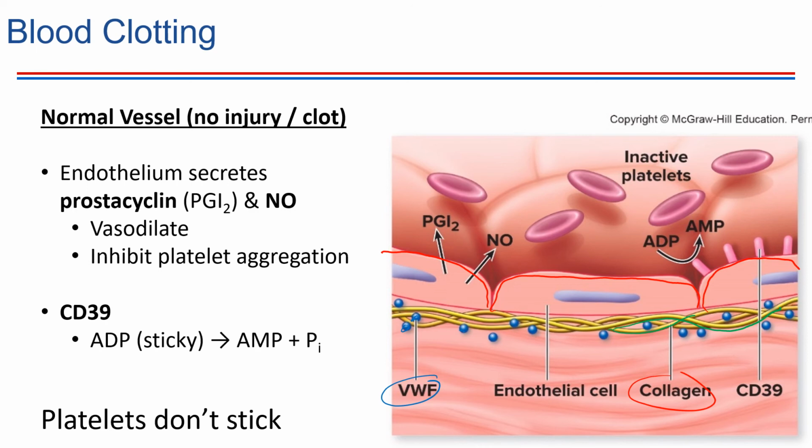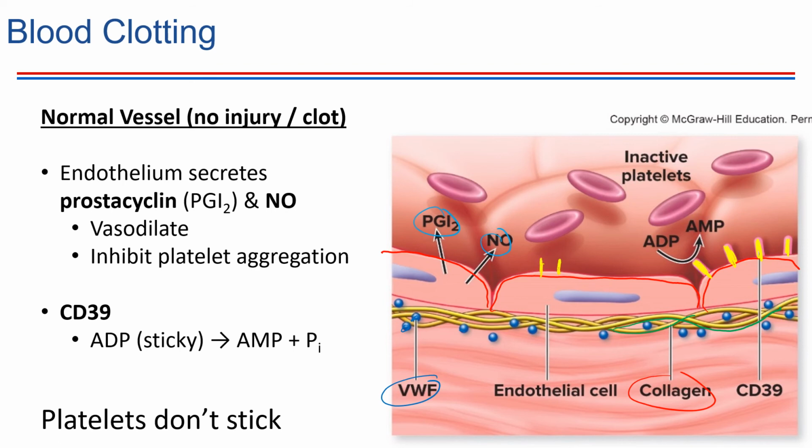So normally, endothelial cells are releasing prostacyclin, PGI2, and nitric oxide. And these two things are going to cause vasodilation and inhibit the platelets from aggregating together. Then we've got this CD39. And CD39 is an enzyme that's lining all of these endothelial cells.